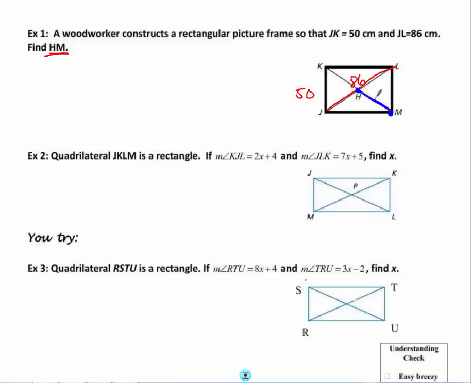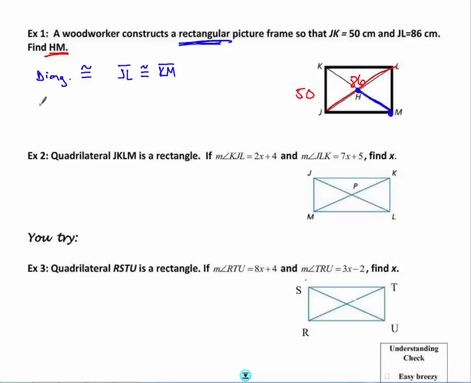Now, because our shape is a rectangle, we can use all our properties. One of our properties says that diagonals are congruent, right? So if JL is 86, it's congruent to KM, which is also 86.